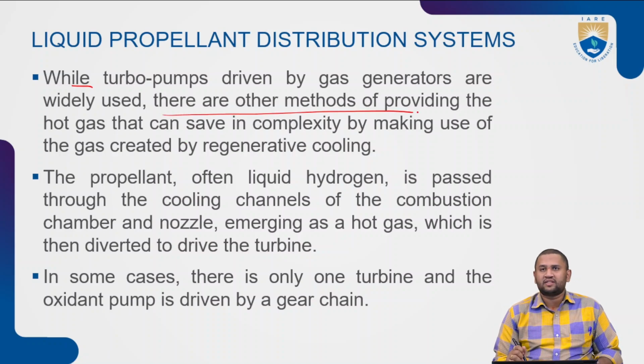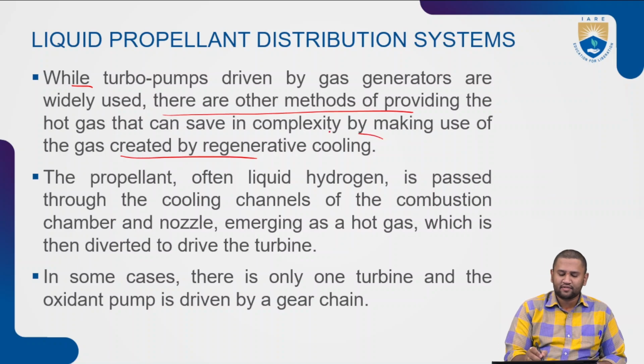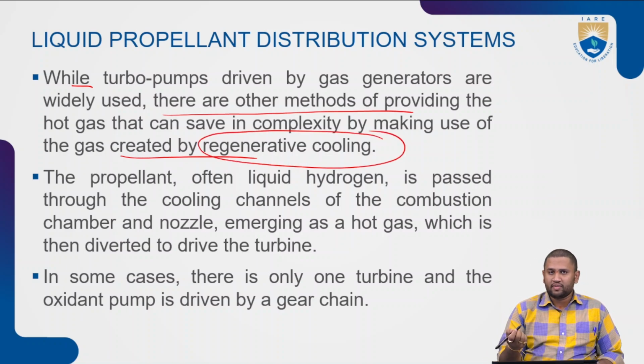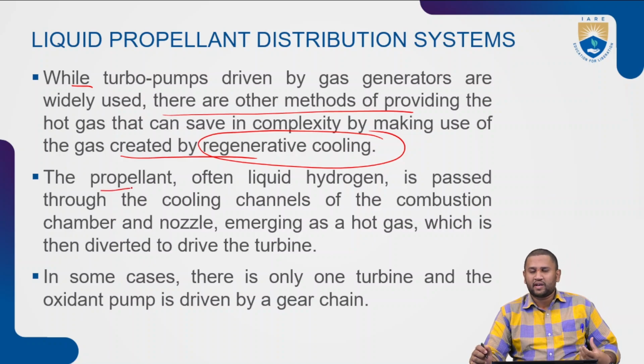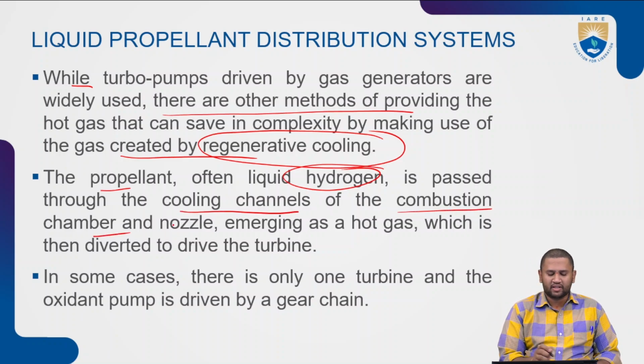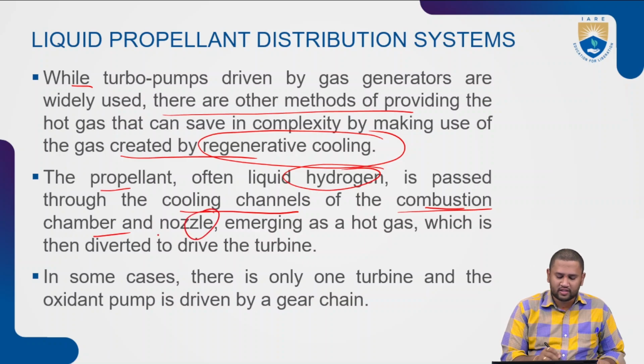There are other methods for providing the hot gas that can save complexity by making use of the gas created by regenerative cooling. What is regenerative cooling? We'll discuss. That is particularly a propellant, in our case liquid hydrogen, that is passed through the cooling channels of the combustion chamber as well as the nozzle.